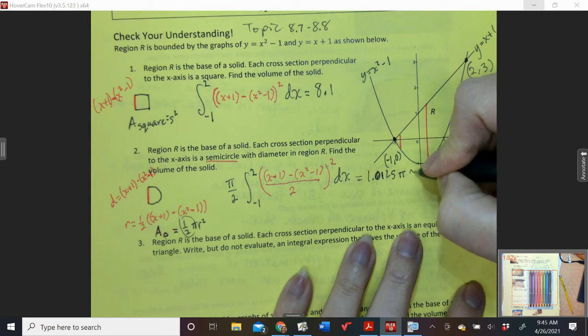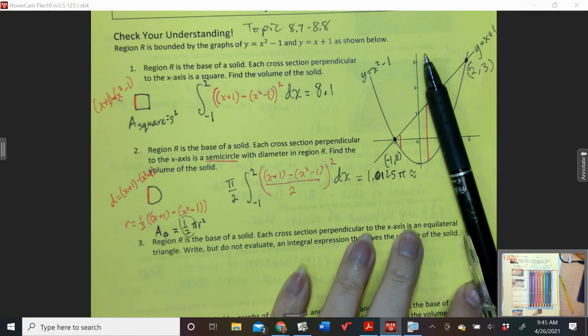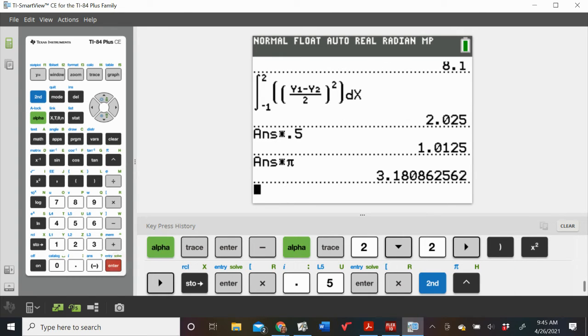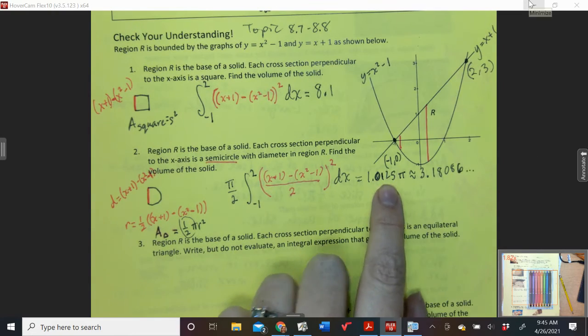You can also then go approximately equal to answer times pi, .1808. Okay, whatever works better for you.